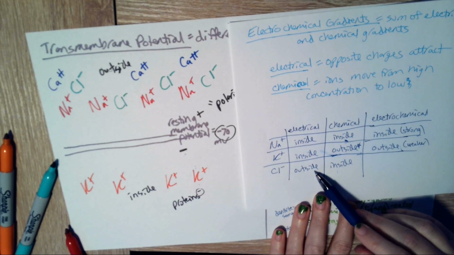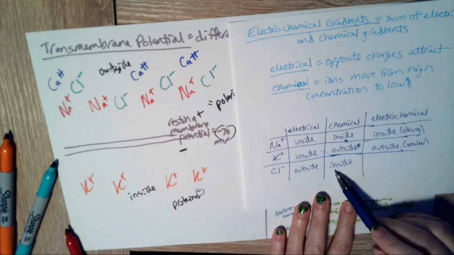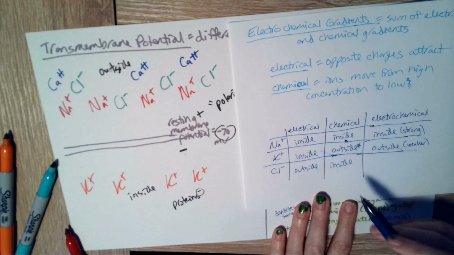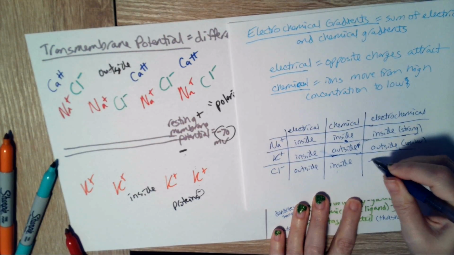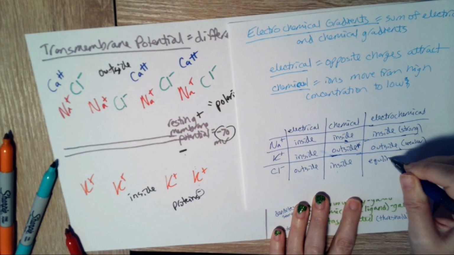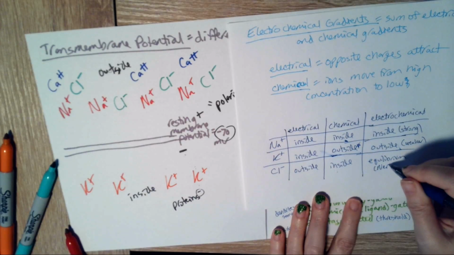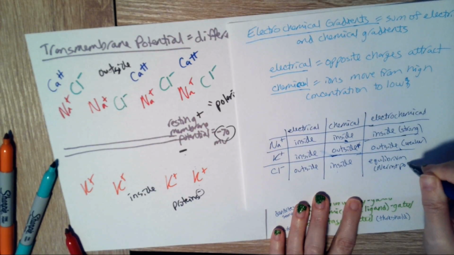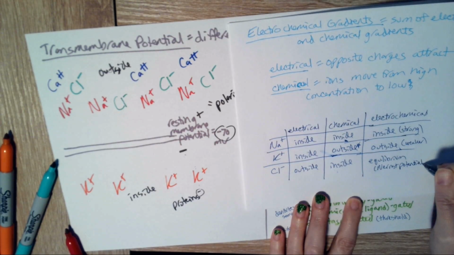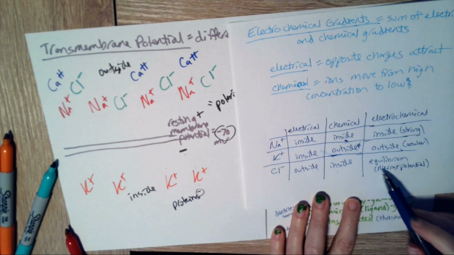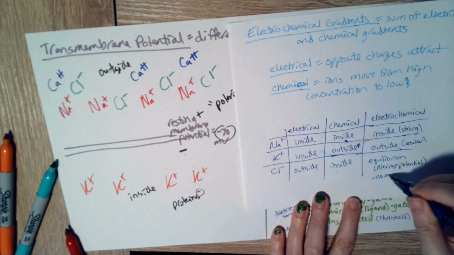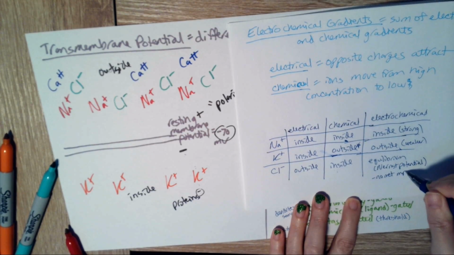The push to stay outside is the same as the push to go inside, so nothing happens. It is at equilibrium. And this would be called the Nernst potential, which we'll get to in a second. We'll tie some things up and then we'll get to that. But there is no net movement in either direction.